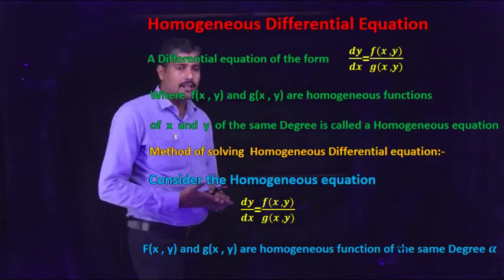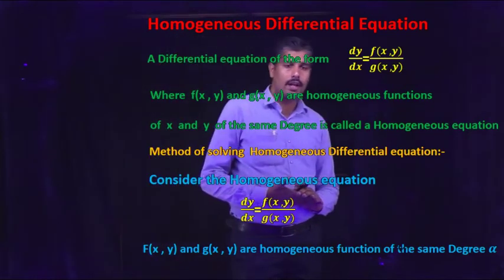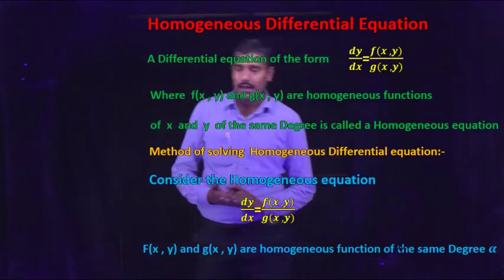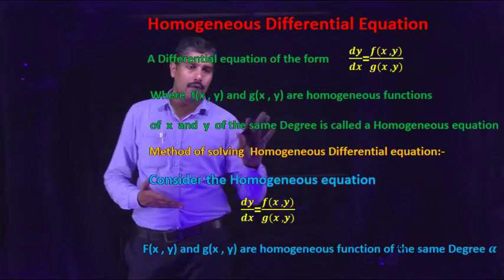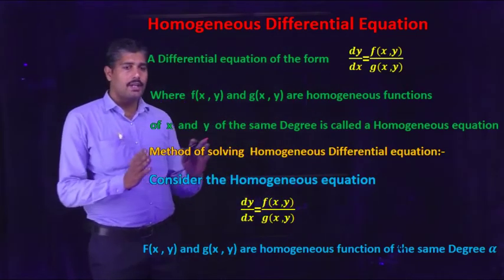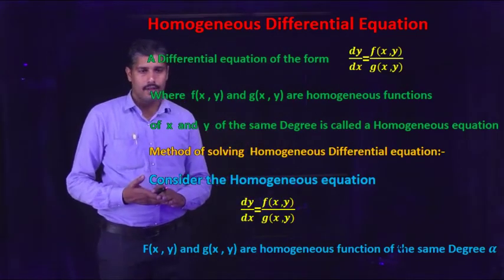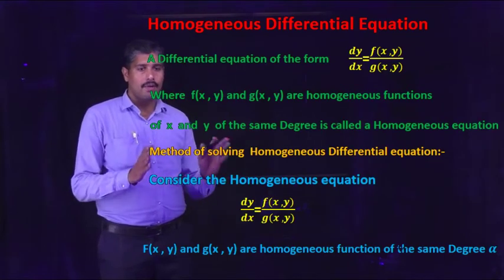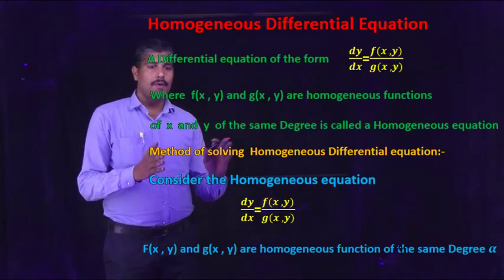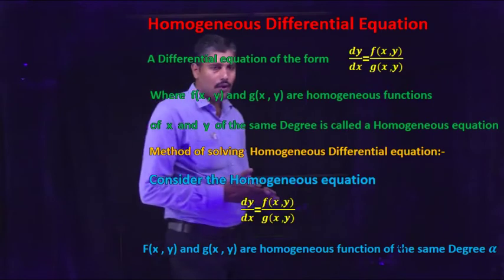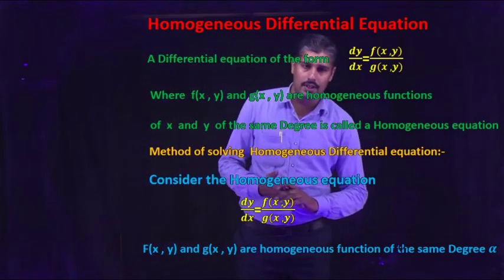Here f(x, y) and g(x, y) are definitely homogeneous functions in x and y of the same degree. That type of differential equation is called a homogeneous differential equation.